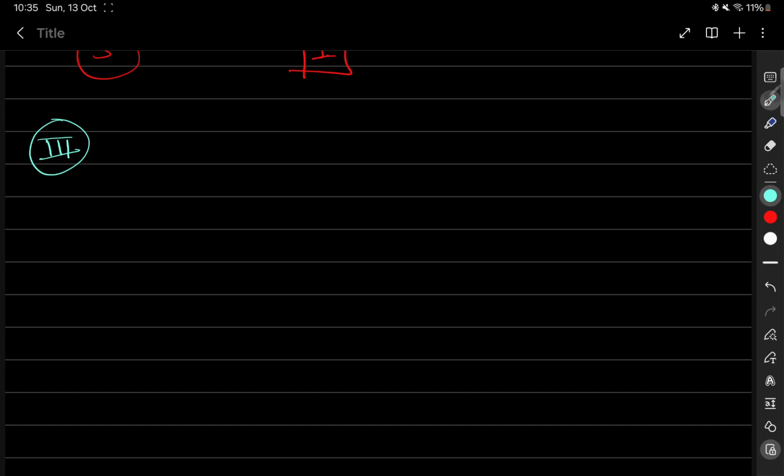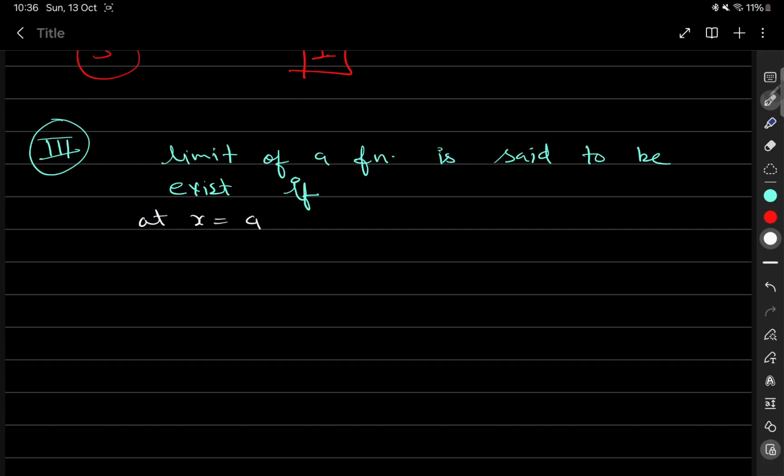When does a limit exist? The limit of a function is said to exist if, at x equal to a.